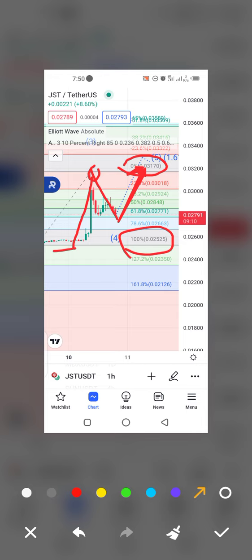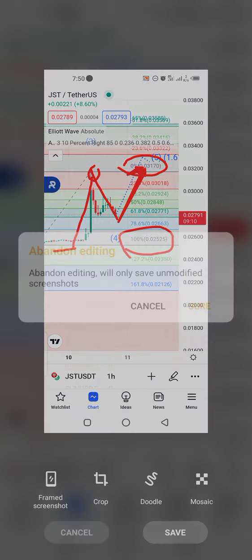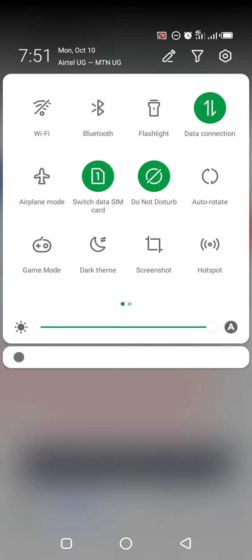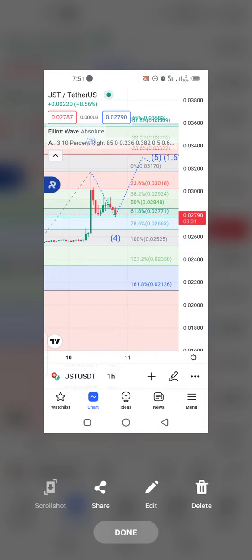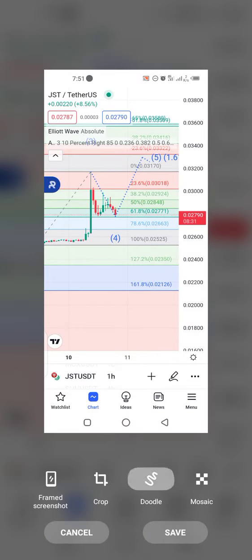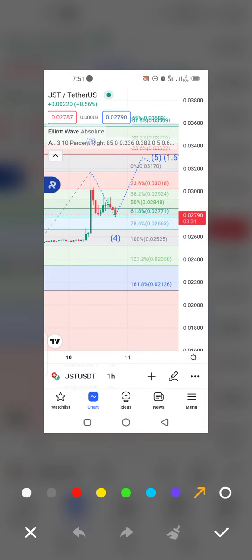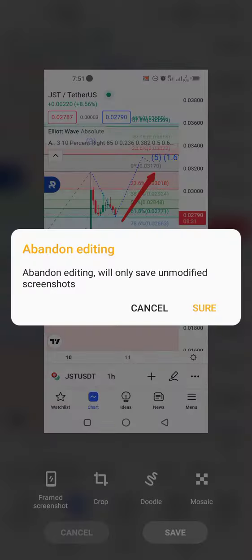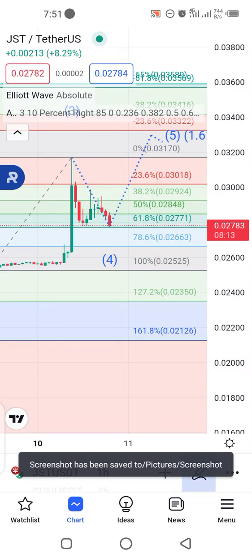So if you put in the auto FBI retracement line, it is basically showing you where the market is going. It is showing you that now the market has retraced 50% of its journey, and now the market is going to be going up. So basically what you do is to come back now and bring your price range.